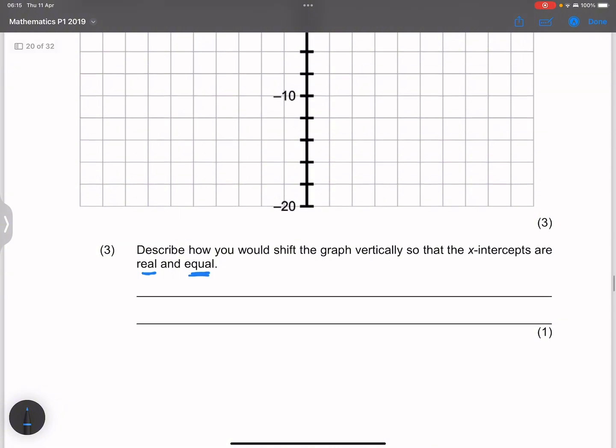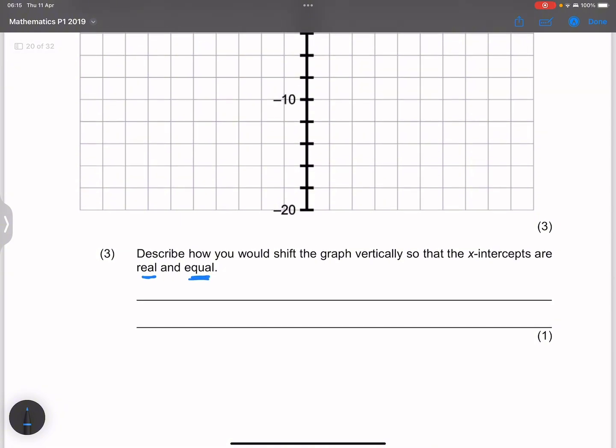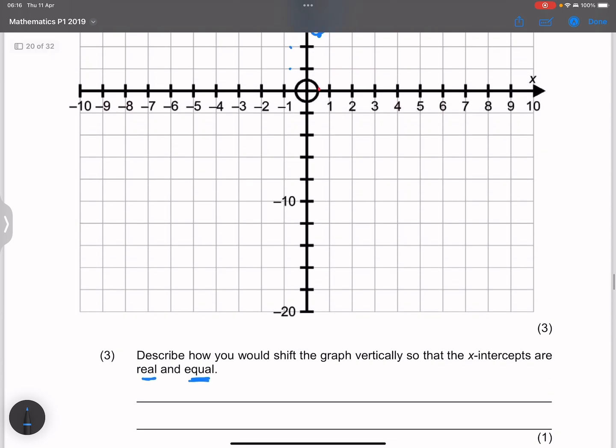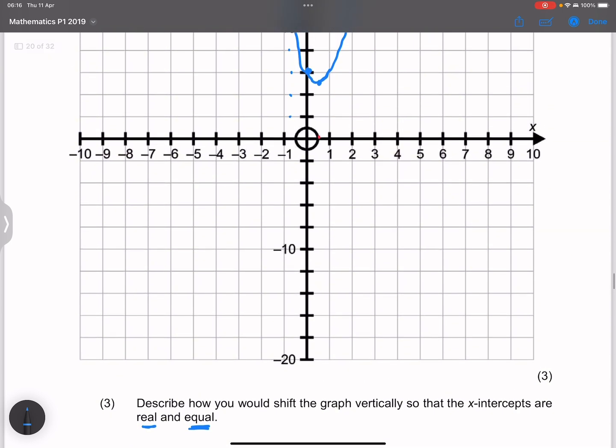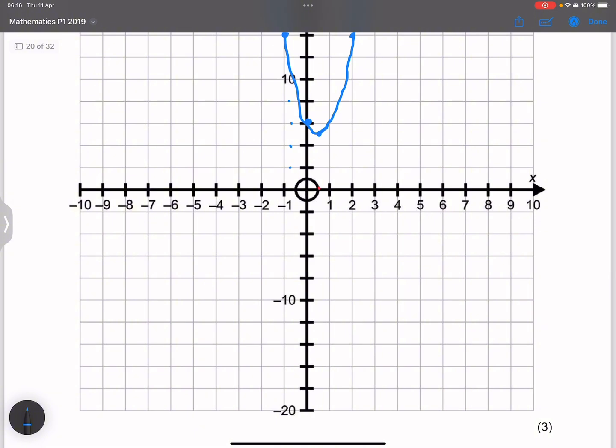Now remember, when roots are real and equal, that means that the turning point would be sitting exactly on the x-axis. Oh, now I needed to label the turning point. We said that's 1 over 2 and 5, that's our turning point over there. Now, what would I need to do for the turning point to be sitting exactly on the x-intercept? So I would need to shift the graph vertically downwards by 5.